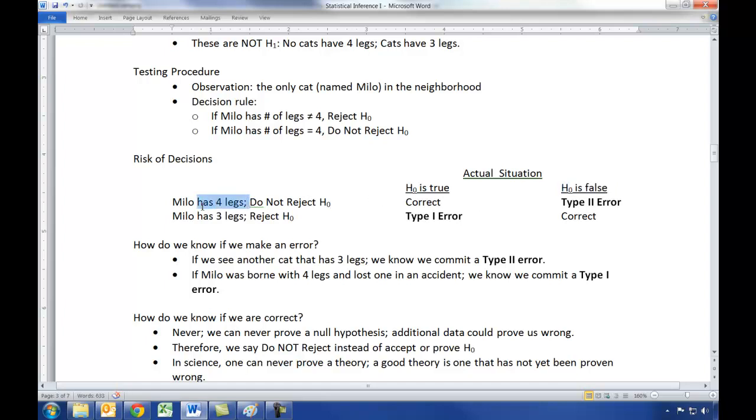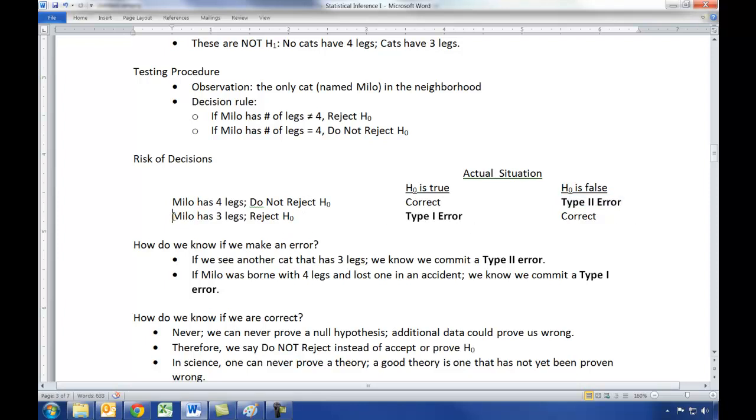If Milo happens to have 4 legs, our decision is not to reject H null. If H null turns out to be true, then we are making a correct decision. However, if H null is false, then Milo having 4 legs leads us to make an error. It's called a type 2 error in this situation.